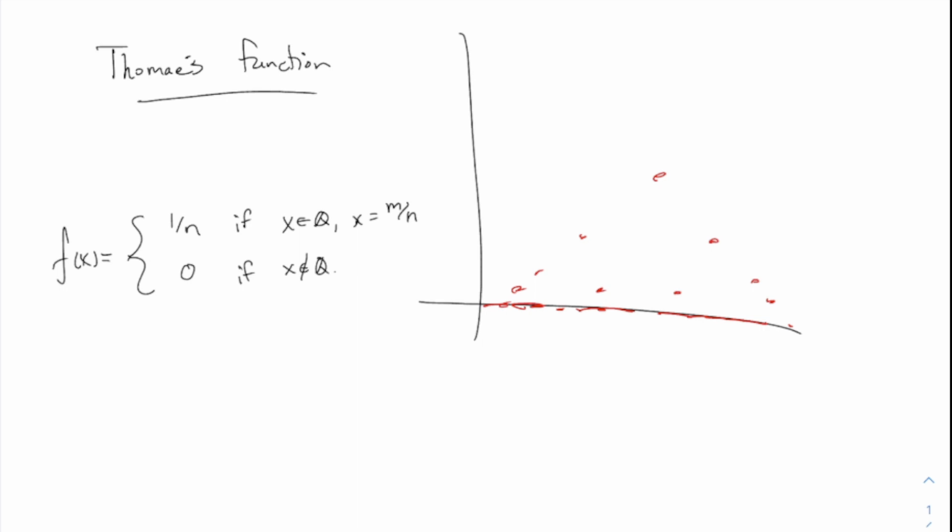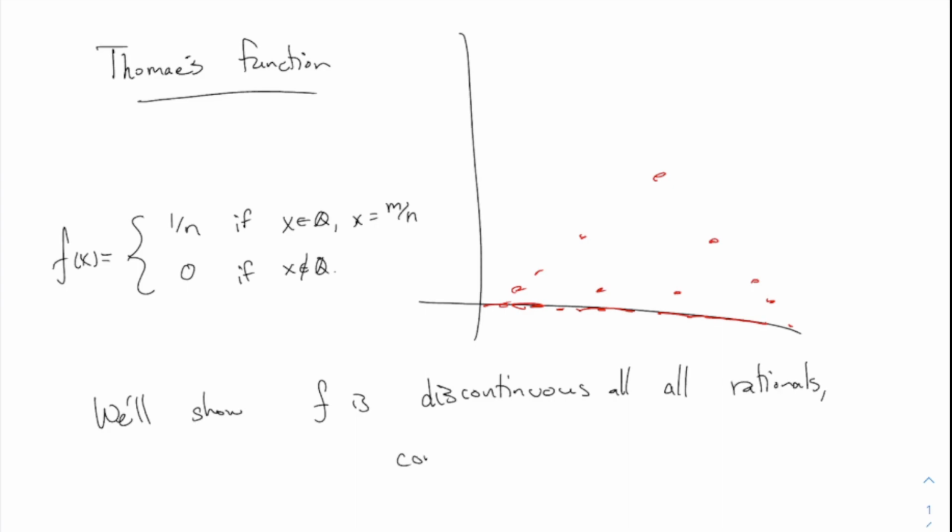So I want to do this in some amount of detail. We'll show that f is discontinuous at all rationals, but continuous at all irrationals. I wrote "all", I meant "at all".